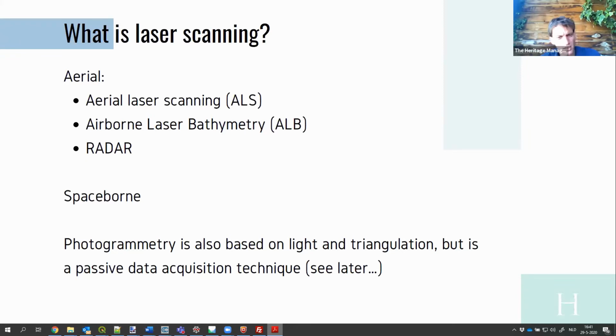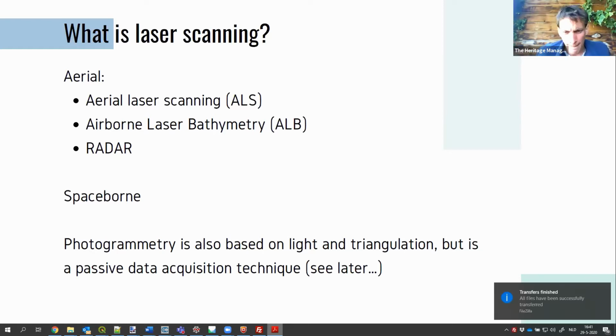And light has this very annoying or very useful characteristic, depending on how you put it, of being heavily absorbed by water, especially when you use near infrared or colors in the spectrum. In order to use airborne laser scan data also for bathymetric applications, you will not only use a red or near-infrared signal, but also a green signal.